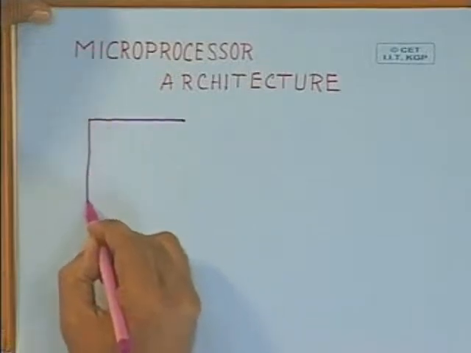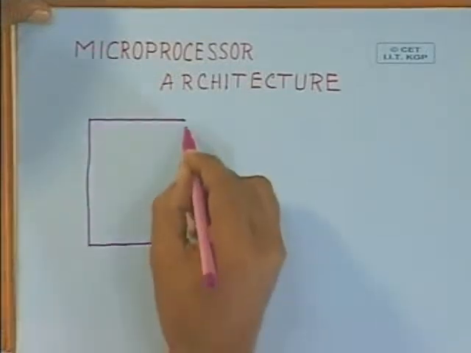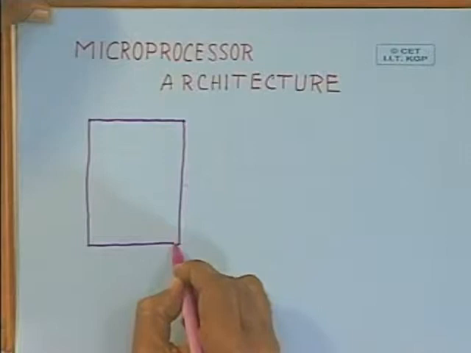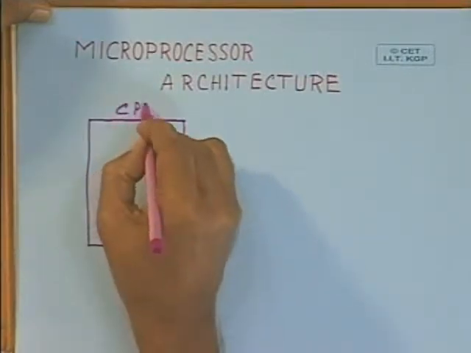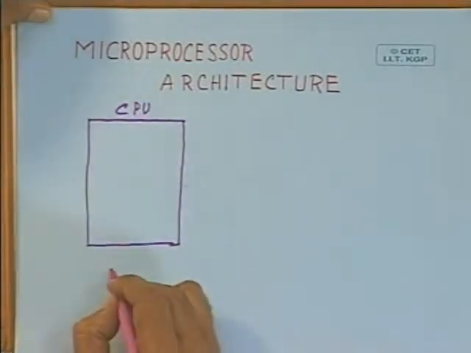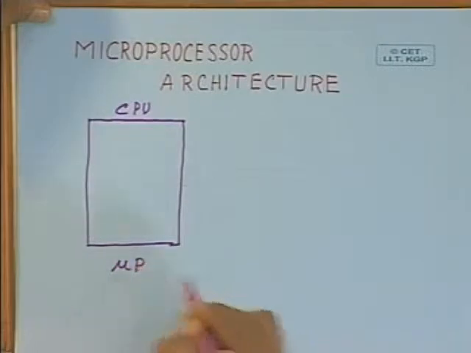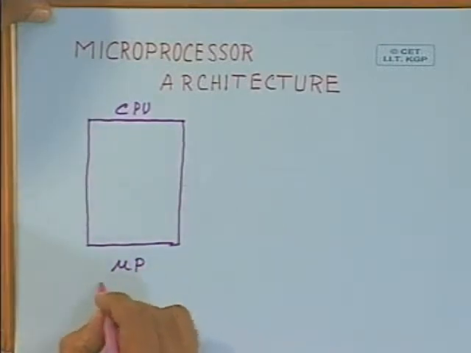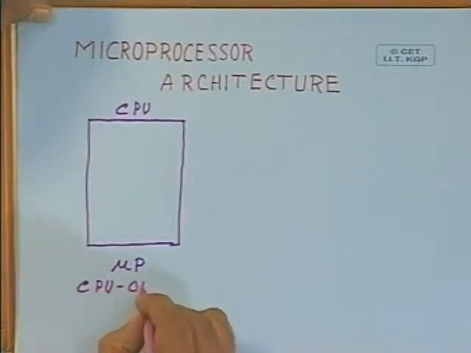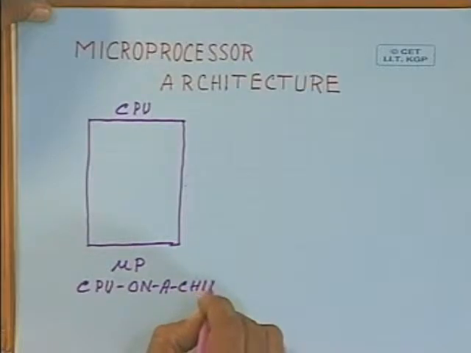Only difference is this CPU, which I have shown in the previous diagram. This is your CPU. Here it is replaced by microprocessor, because microprocessor is nothing but CPU on a chip, as I have explained in detail in the last class.